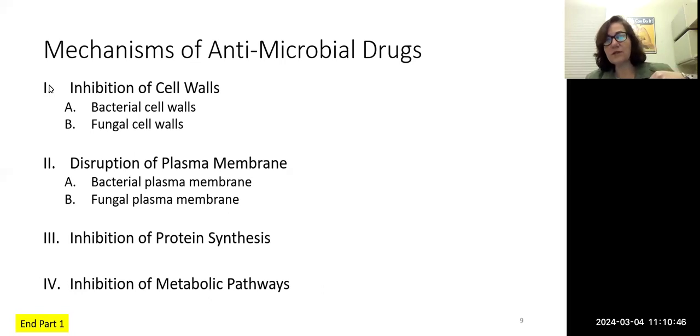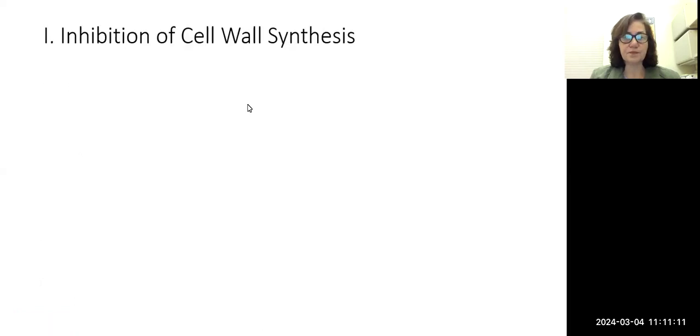In this part of the recording, we're going to hit the inhibition of cell walls, both in bacteria and in fungi, and we'll also do disruption of plasma membranes, both in bacteria and in fungi. And then I'll save number 3 here, inhibition of protein synthesis and inhibition of metabolic pathways, for the next part of the lecture. All right, so first let's do inhibition of cell walls.